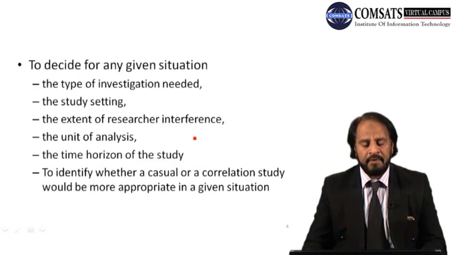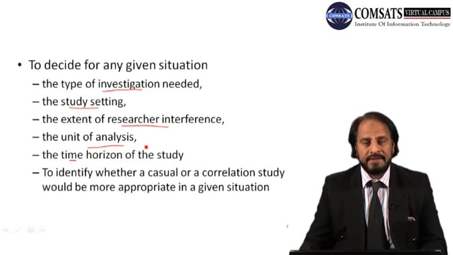What will be the time horizon of the study? And if this study is going to be a causal or correlational study. So these are some of the issues we need to talk about, such as the type of investigation, the study setting, the researcher's interference, the unit of analysis, time horizon, and so forth.